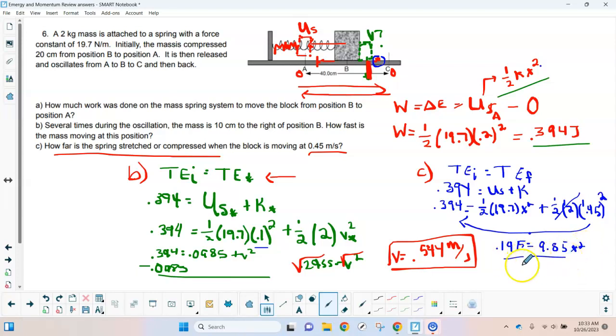So again, you divide through by 9.85 on both sides, and then you take a square root, and you get X. I'm just getting to the answer here because I'm tired of fighting the writing.